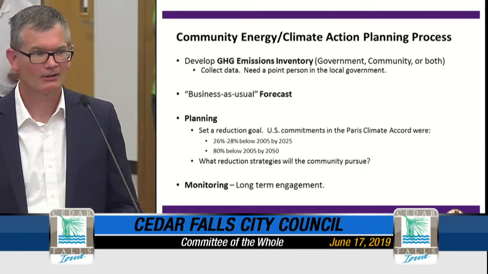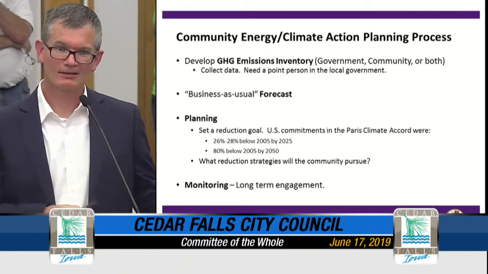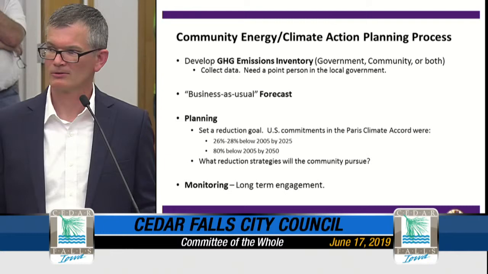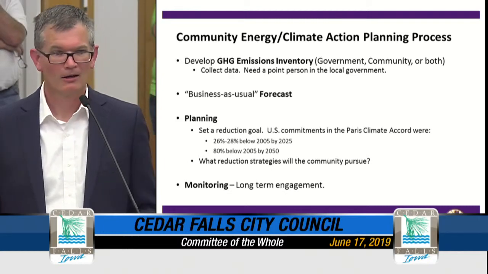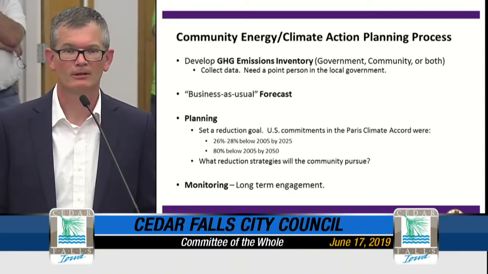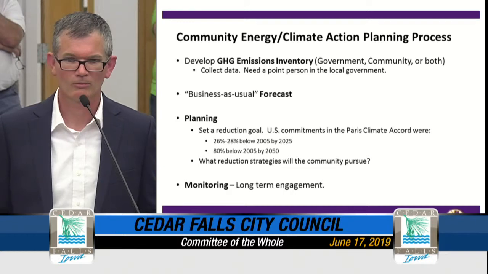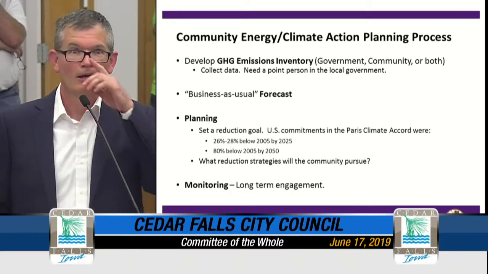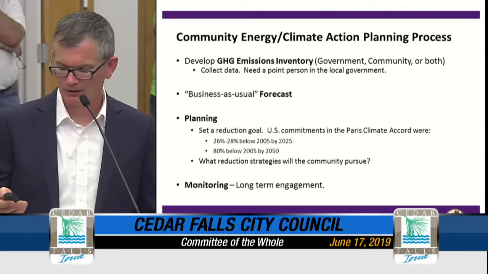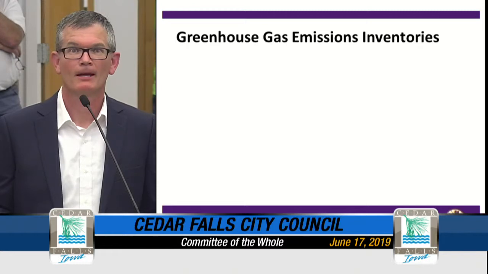You can then come back and do subsequent inventories to measure your emissions using that same protocol that we did for the baseline inventory, and see whether those strategies that you put into a plan are making a difference. And if they're not, the plan could be tweaked. It's a living document. It could be changed in ways to make it more meaningful and impactful. If we're making good progress, then we've got something to celebrate. So that's kind of the whole process, all in a nutshell there.